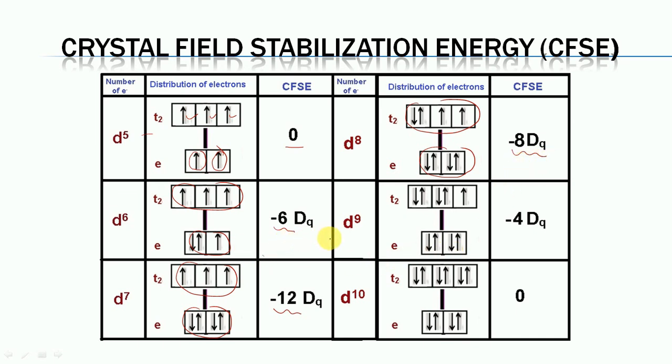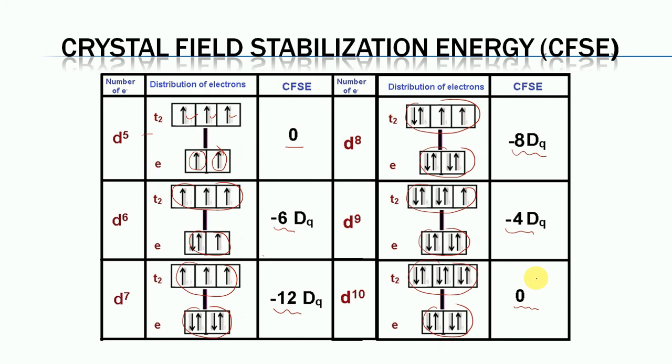Then the d9 system has 4 electrons in the e orbital and 5 electrons in the T2 orbital, with a crystal field stabilization energy equal to minus 4 Dq. Then the d10 system has 4 electrons in the e orbital and 6 electrons in the T2 orbital, and the crystal field stabilization energy in this case is equal to 0.